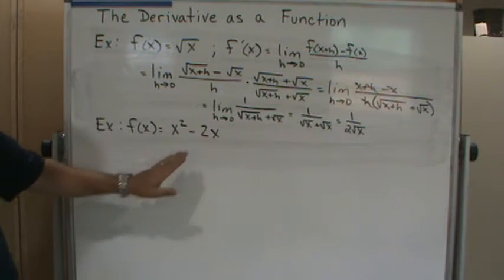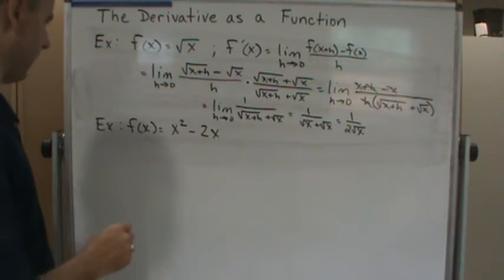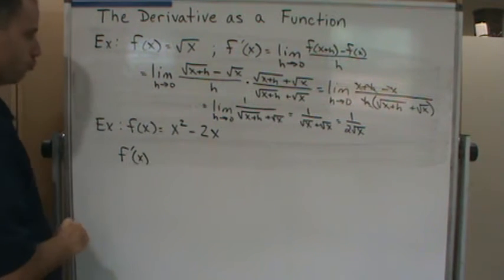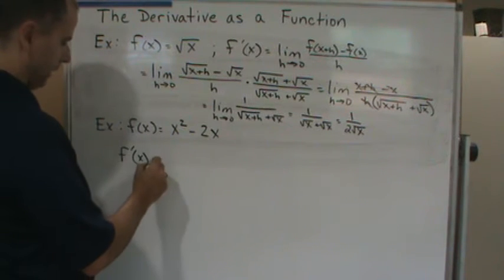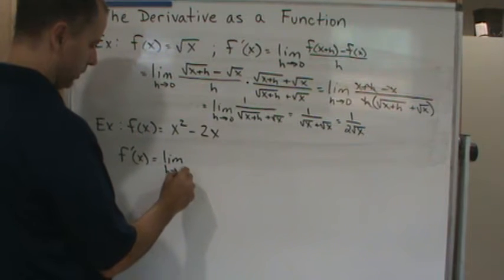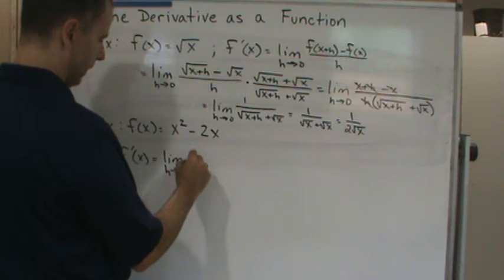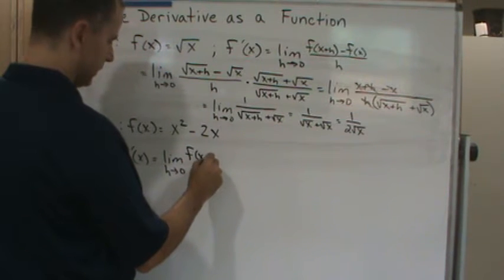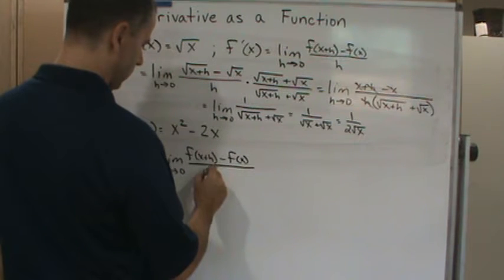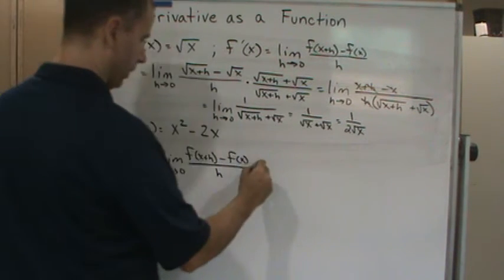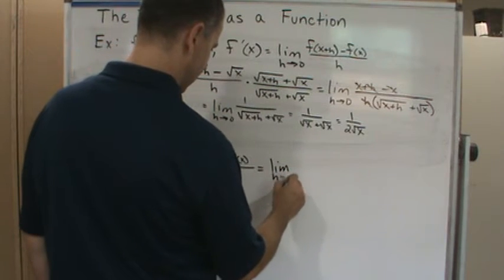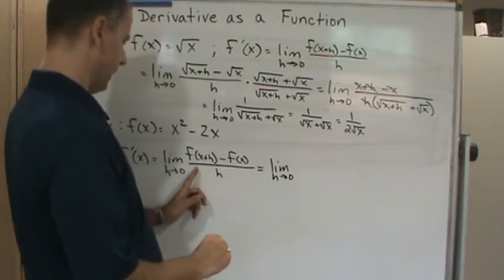Now, what about this one? Let's apply the same thing and find the derivative function of f of x. f prime of x is equal to the limit as h approaches 0 of, again, f of x plus h minus f of x over h. Now I'm going to just plug in.